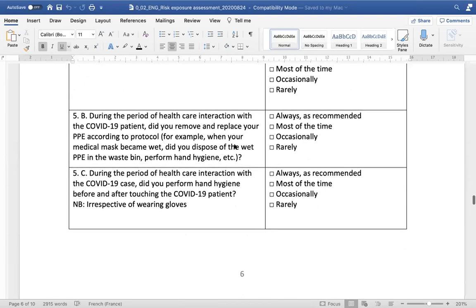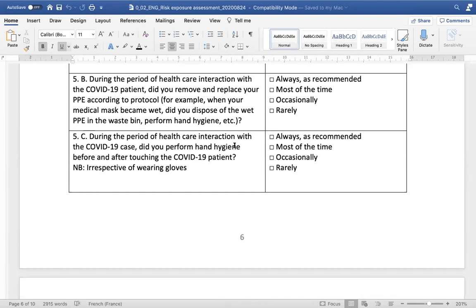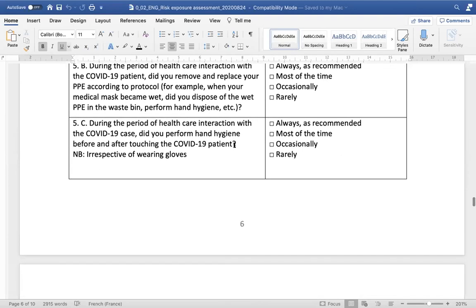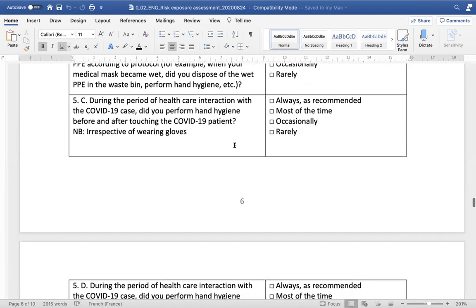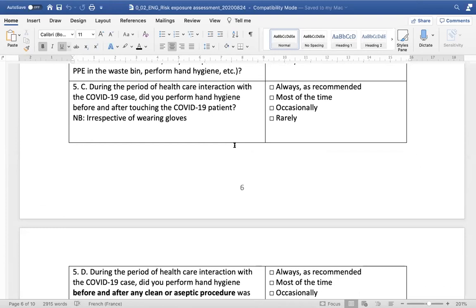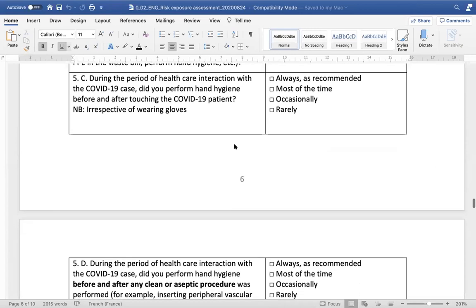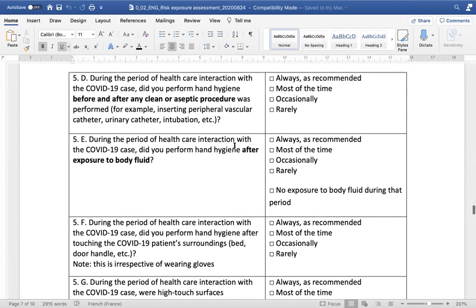And then we also want to find out, did you remove and replace your PPE according to protocol, the donning and doffing? And then during the period of healthcare interaction with COVID, did you perform hand hygiene? So for 5D, we are looking at the 5 moments of hand hygiene. Scroll down, of which we know.